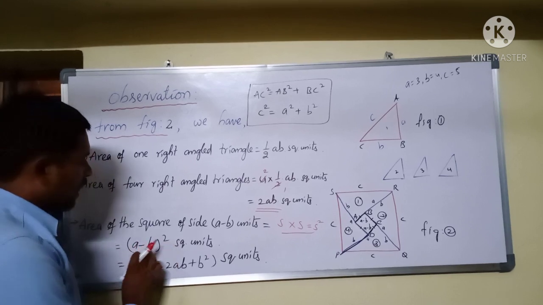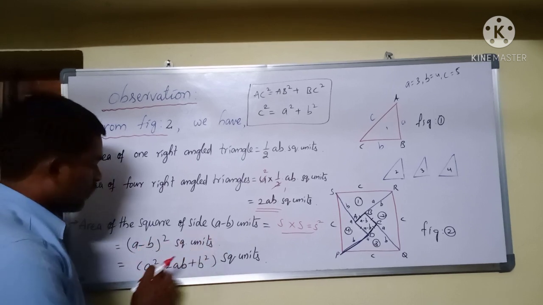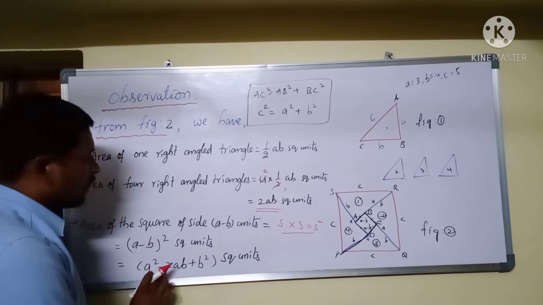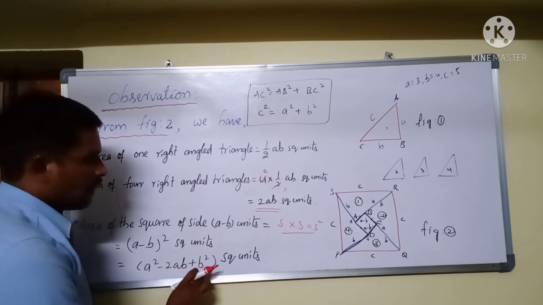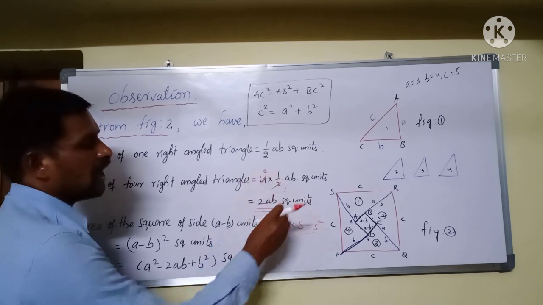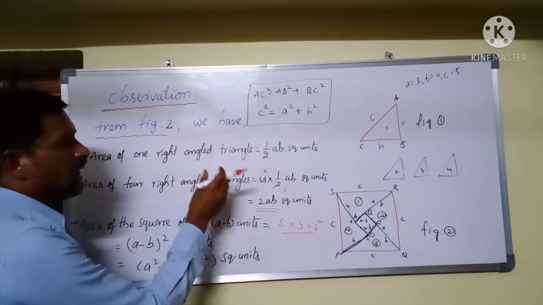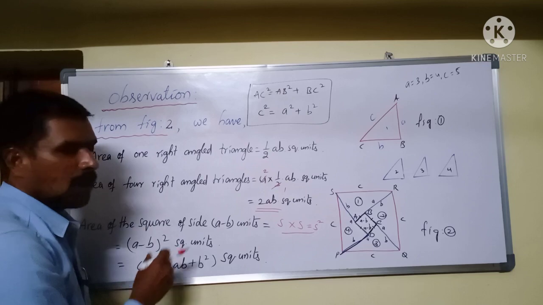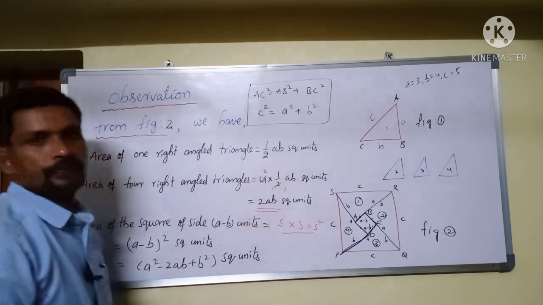So A minus B whole square is equal to A square minus 2AB plus B square. Then let us go for the second observation from figure number 2.